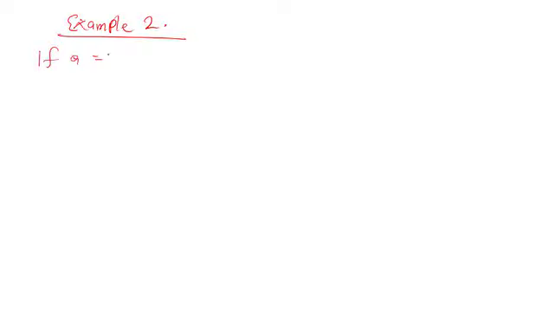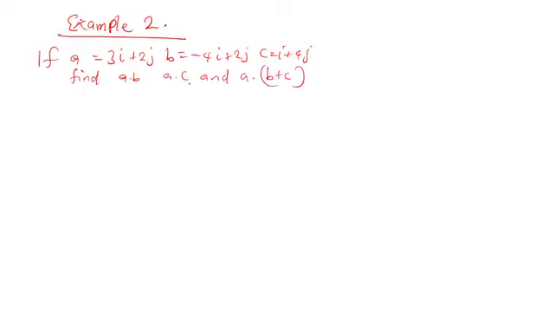If A is equal to 3I plus 2j, B equals minus 4I plus 2j, and C is equal to I plus 4j, we want to find A dot B, A dot C, and A dot (B plus C).